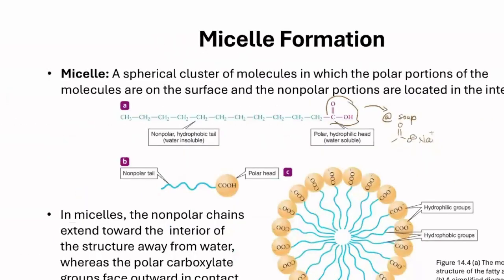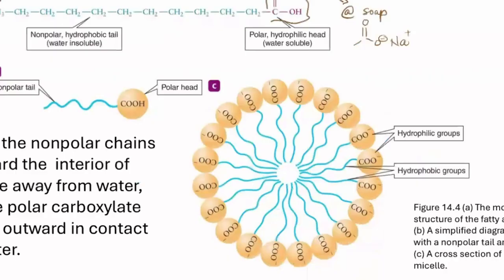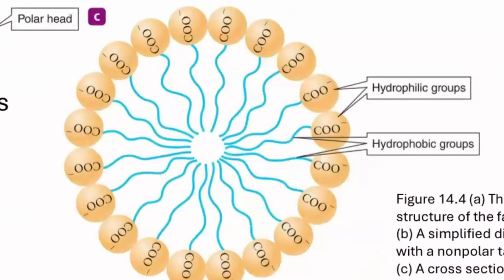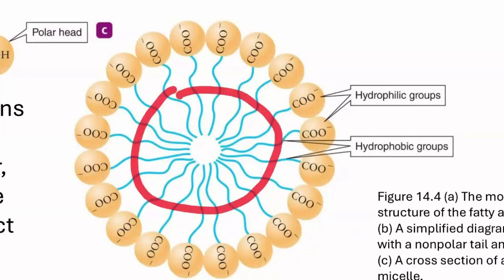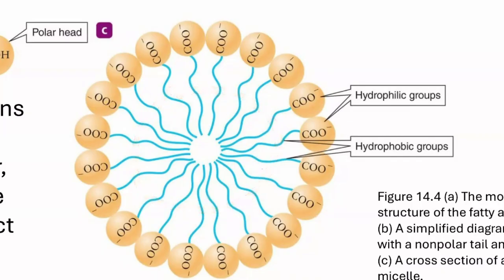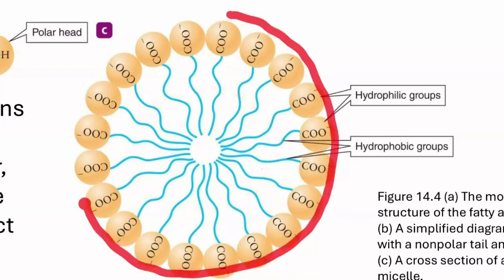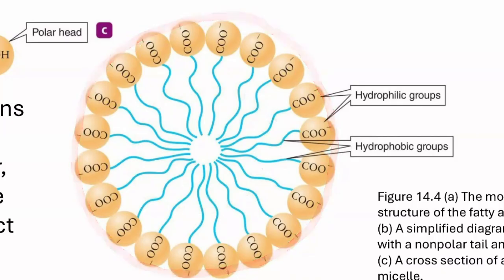In letter C, we see specifically a micelle that is formed by carboxylate groups like we see in soap, and we see the nonpolar tails. In micelles, all these soap molecules are arranged where the tails meet each other. And the carboxylate side, understand that the sodium is not included, is going to be facing outside of the cell.